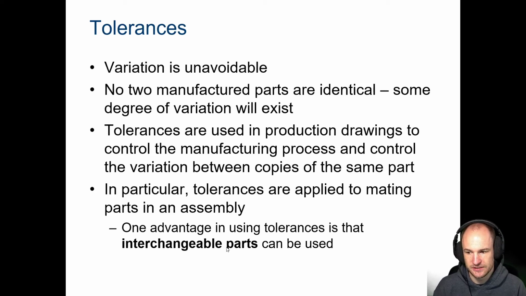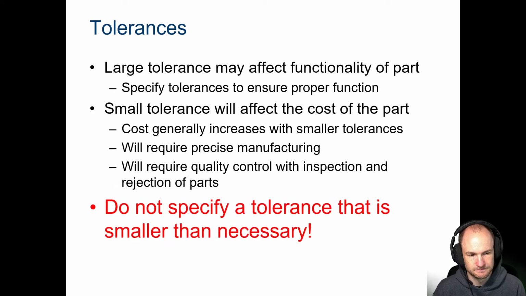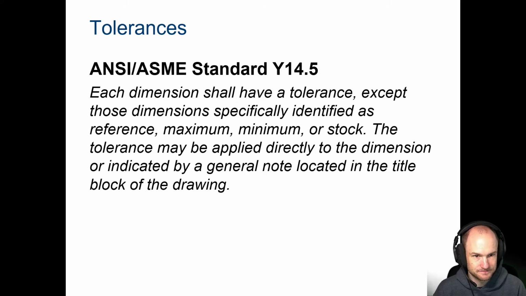This is a big advantage with interchangeable parts, because without tolerances, copies of individual parts may vary significantly, and then we wouldn't be able to use them to fit parts together. Large tolerances may affect the functionality of a part, whereas small tolerances will affect the cost of the part. And we're going to get through that too. So, without tolerances, copies of individual parts could vary significantly.